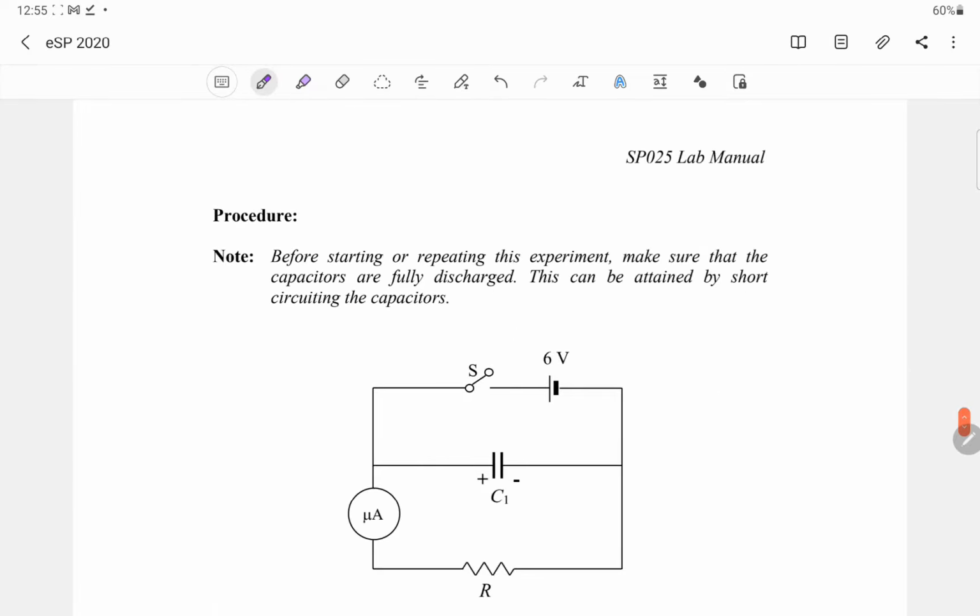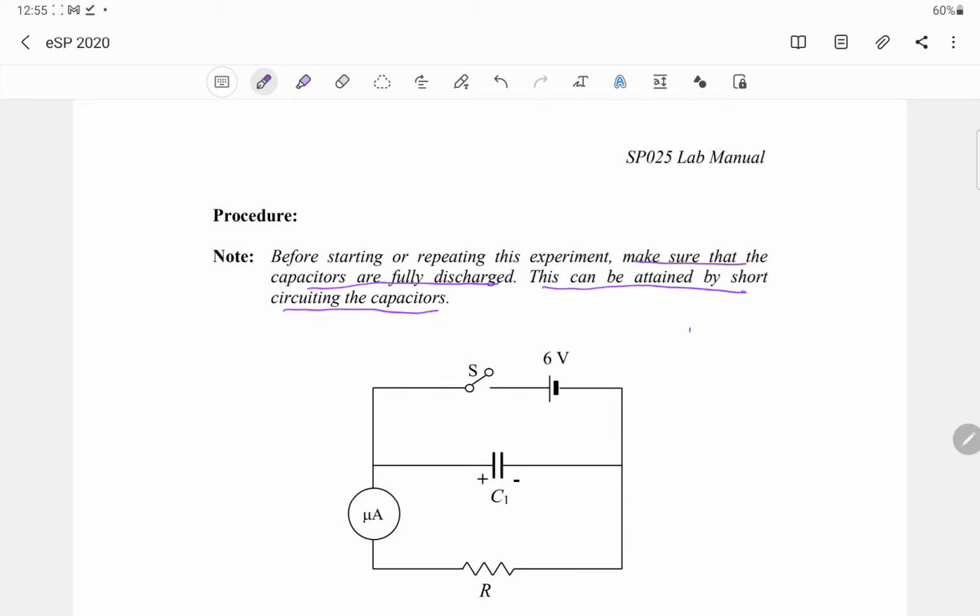So this is the procedure to do the experiment. Take note, before starting or repeating this experiment, make sure that the capacitor is fully discharged. This can be attained by short circuiting the capacitor. How can we short circuit the capacitor?